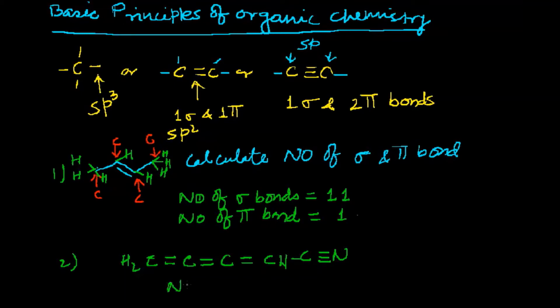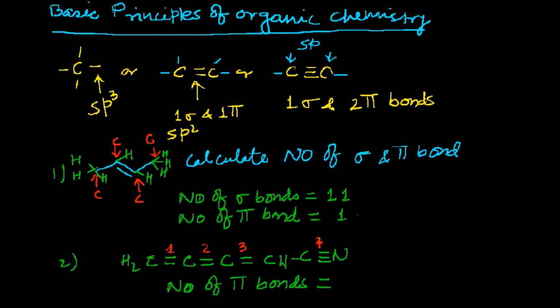So the number of pi bonds will be equal to, we can easily count it like this. Here this is 1 pi bond, here it is 2, here it is 3, and in this case it has 2 pi bonds.